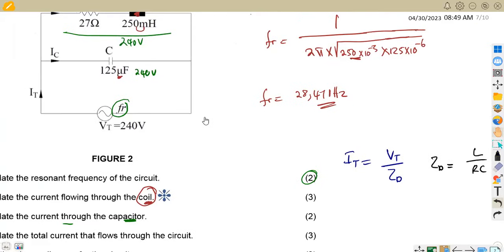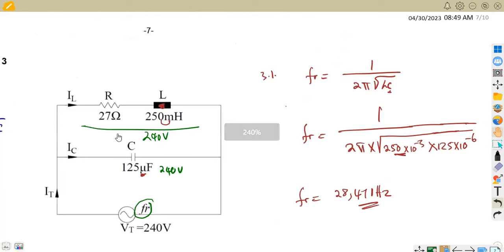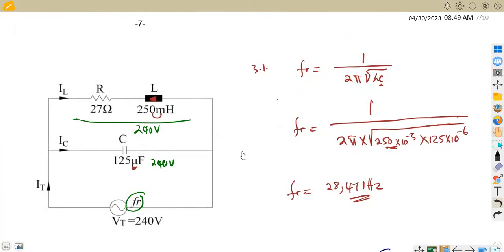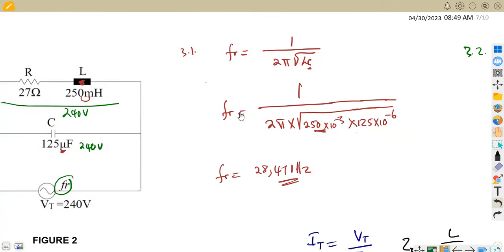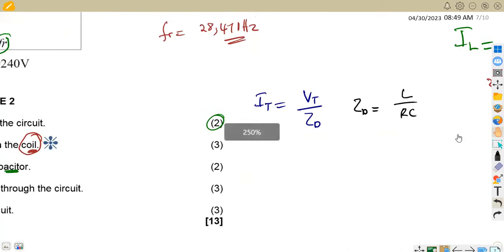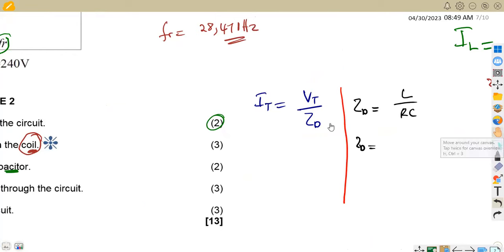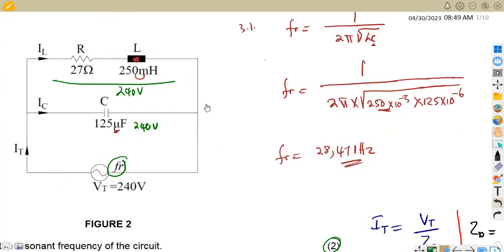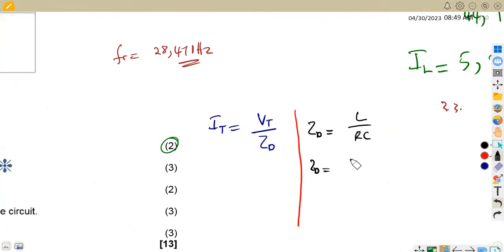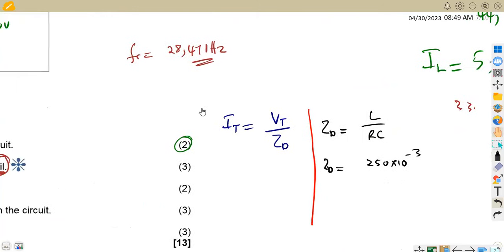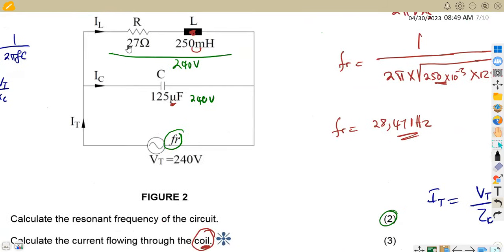We can take this from the values that we have: L is 250 millihenries, R is 27, C is 125 microfarads. So ZD is equal to the inductance L, 250 times 10 to the exponent of -3, divided by the resistance, which is 27, times 125 microfarads.